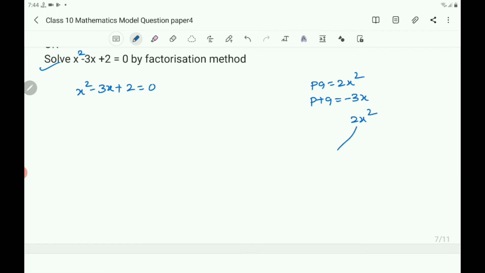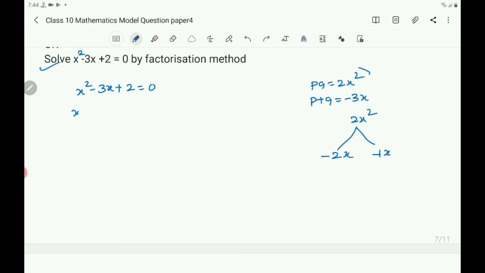You know that 2 is in the table, 2 and 1. So 2 1s are 2, and here it is minus 3, so we have to take both minus, 2x and 1x. The product of these two is 2x square, and the sum of these two is minus 3x.